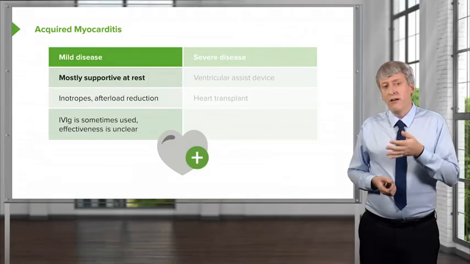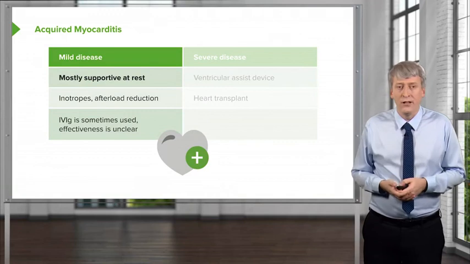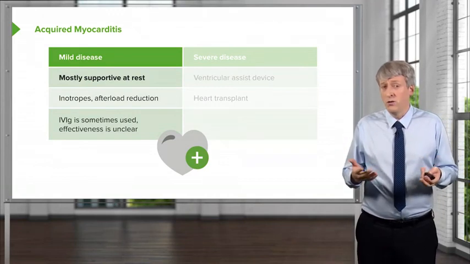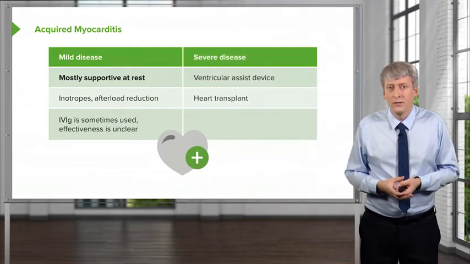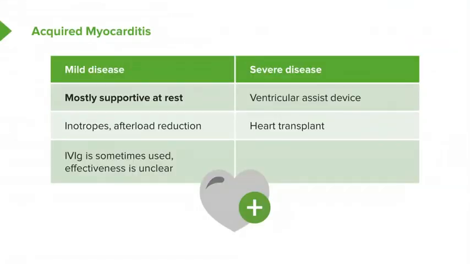But when you look at the evidence, it's somewhat controversial. There's a Cochrane review showing not much benefit. But then again, these patients are potentially so sick, we worry they may get worse. Often IVIG is indicated. In severe disease, we may provide a ventricular assist device, or patients may require a heart transplant.